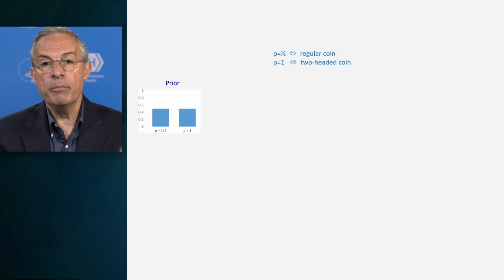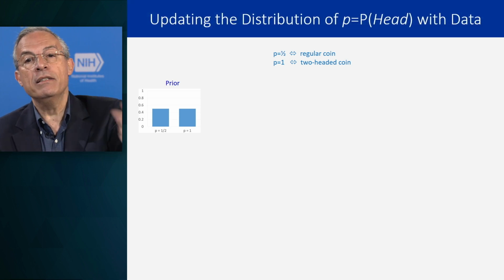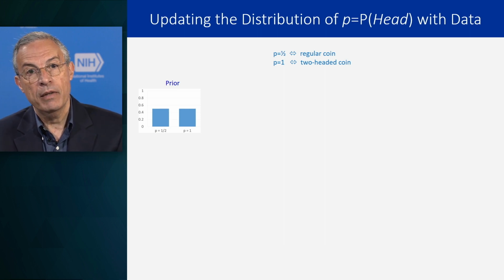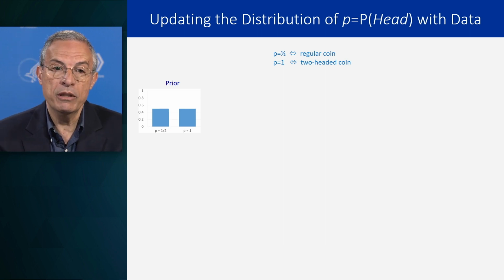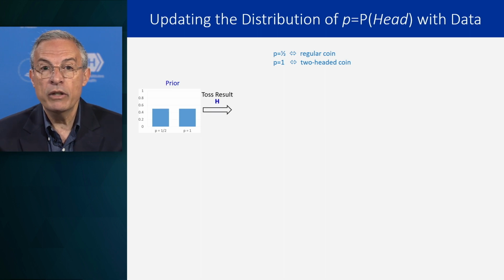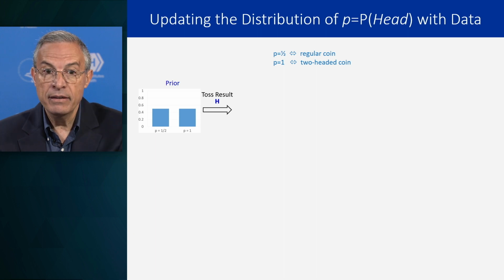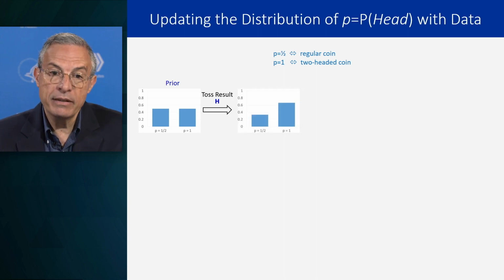So what happens in the Bayesian approach, we're going to update the distribution of P as we're getting data. And that's really the difference between the two ways of thinking. So now I'm tossing once and I get head, and I'm going to update that distribution.